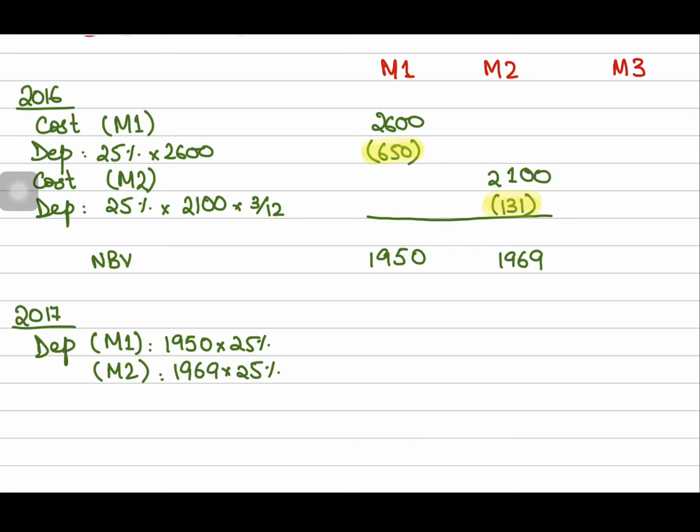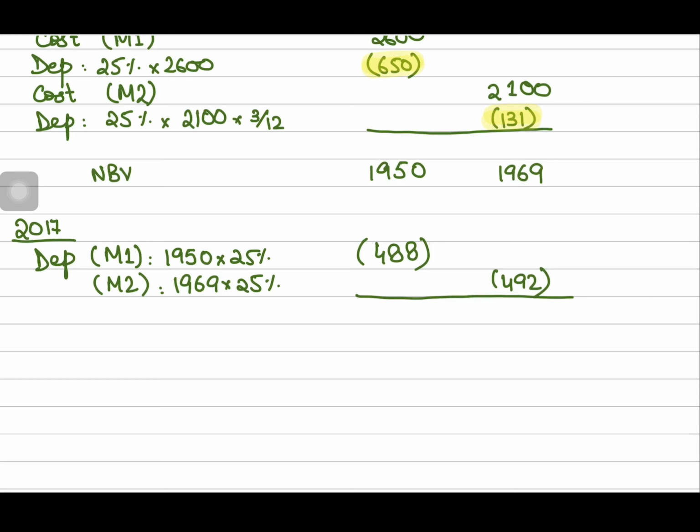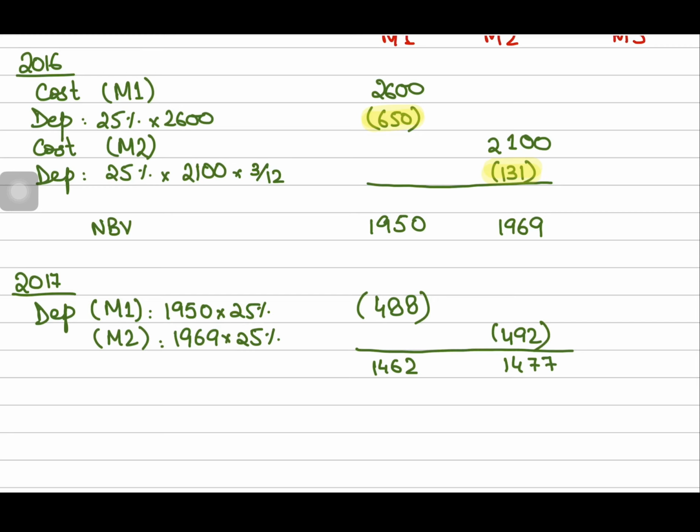So for machinery 1 that would be 487.5, let's make it 488, and for machinery number 2 it will be 492.25, so 492 is fine. These will give me net book values of 1462 for machinery 1 and 1477.